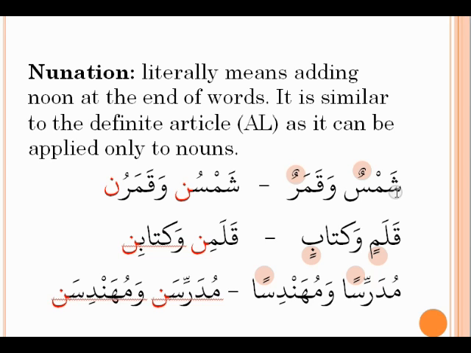So let's read here the phrase Shamsun wa qamaron with a double marking at the end. If we were to write it in letter forms, it would be Shamsun wa qamaron. So this is how it's pronounced, but the first two words is how it actually should be spelled.